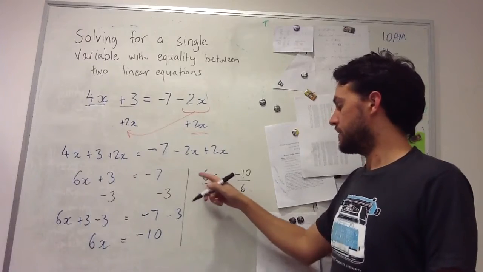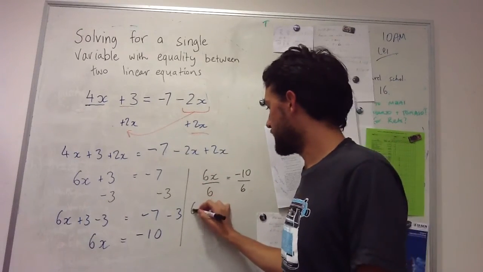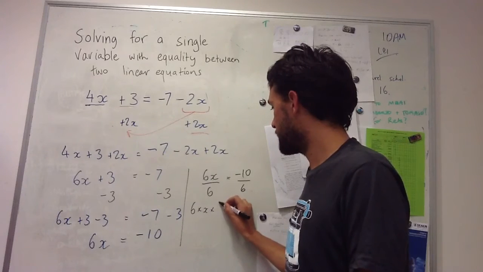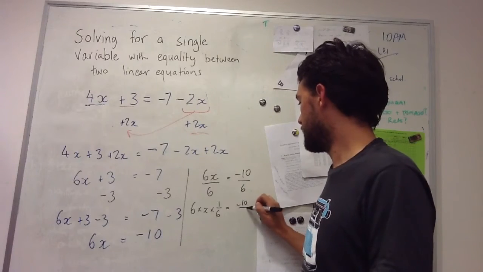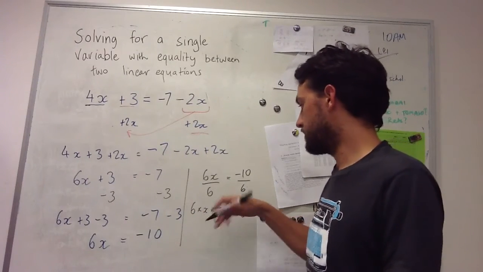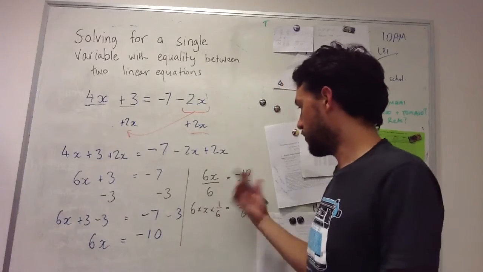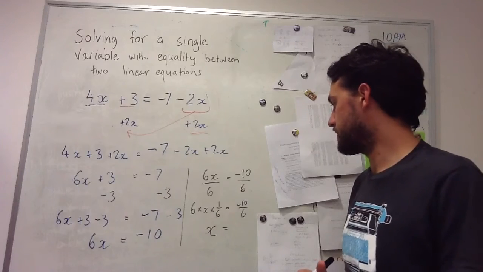And because this is 6 times x over 6, or I could also think of it as 6 times x times 1 on 6, that is the same thing, equals -10 on 6. And so here, when I multiply 6 and a sixth, I get 1, so I get that x here. That's why I chose the division by 6 in the first place.